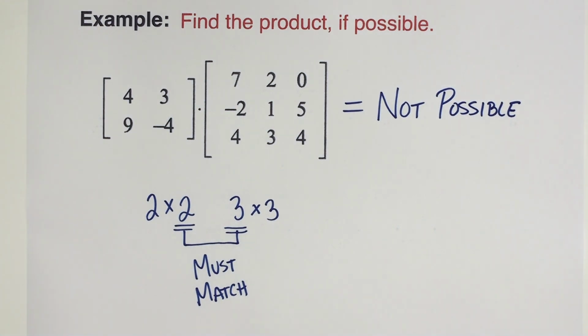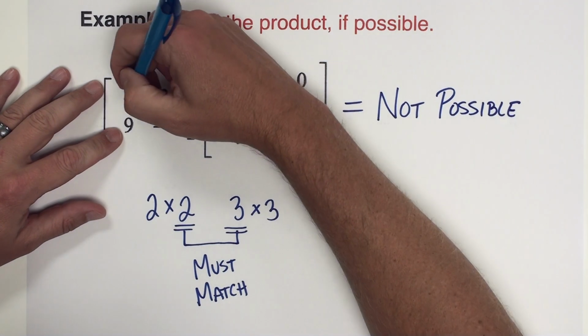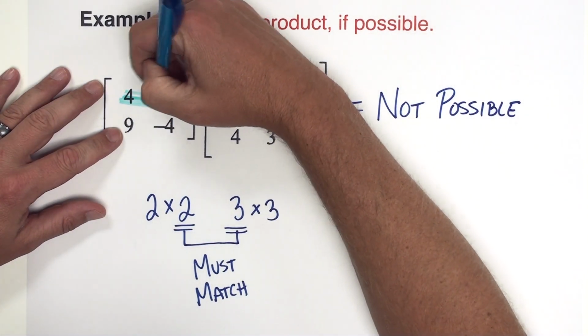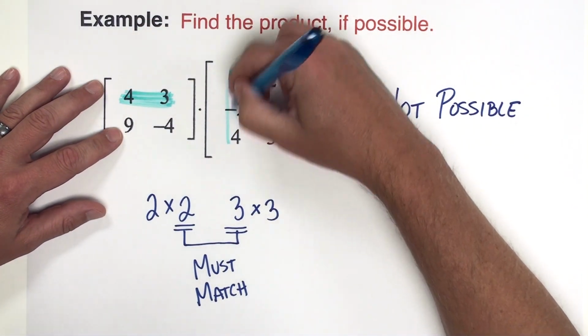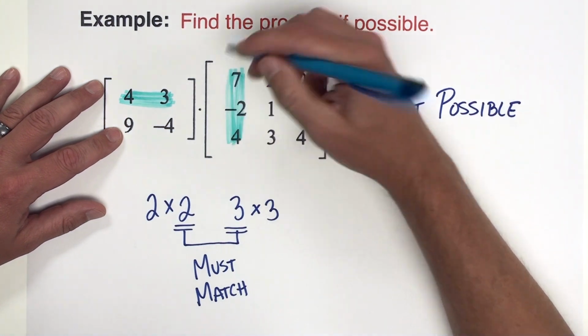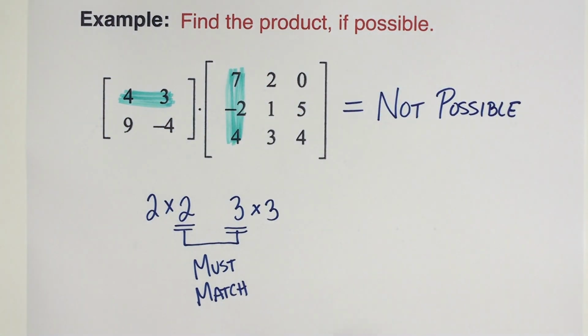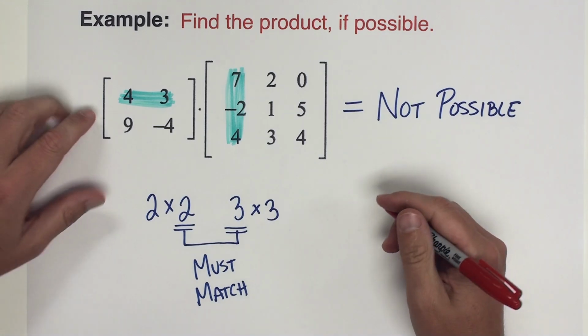Let's just say we started working this problem out, right? Let's say we didn't check the size and we're doing rows over here, and we're doing columns over here. And let's just say we began the first row and column. We're blindly going, right?